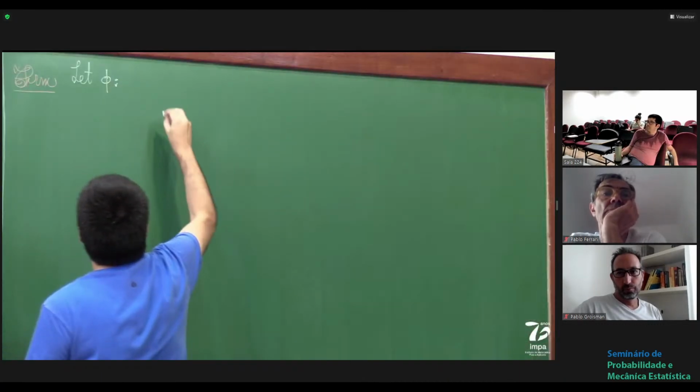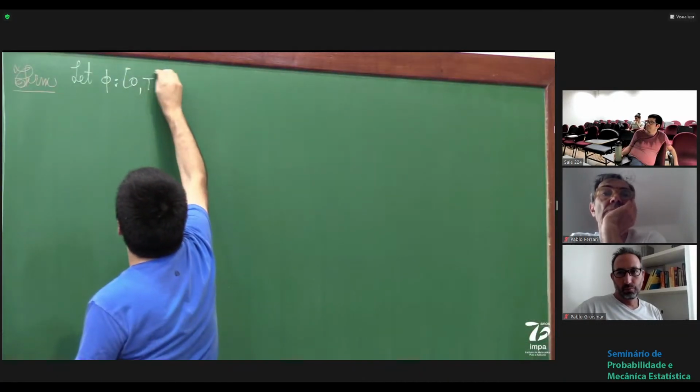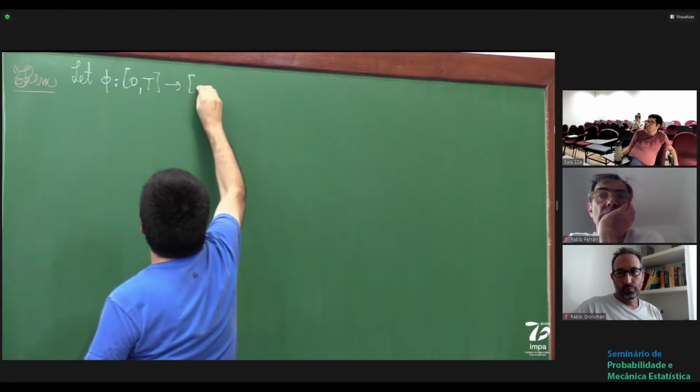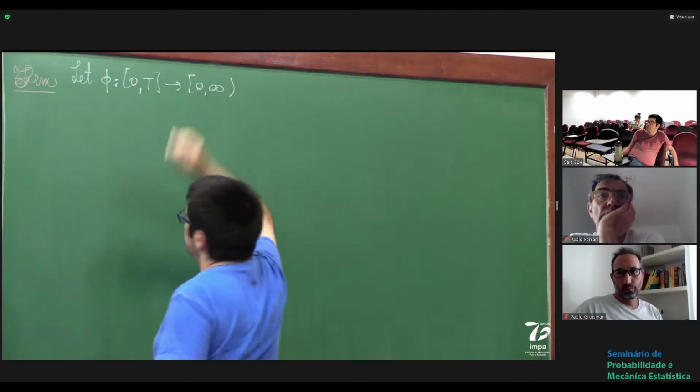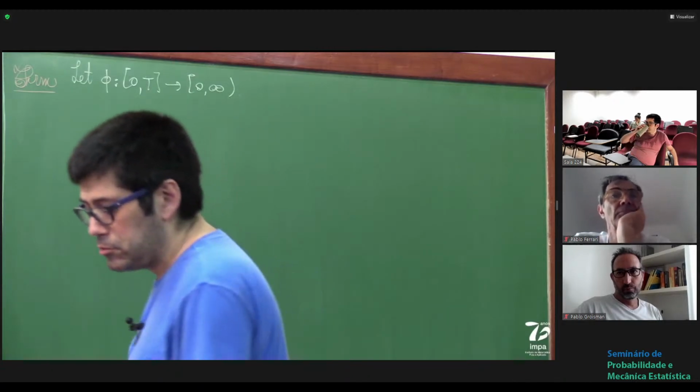I'm going to take a function phi, which goes from 0 to T to 0 to infinity. That's just given.